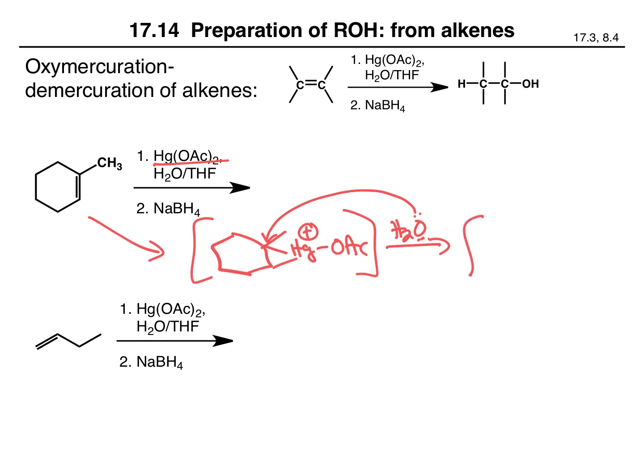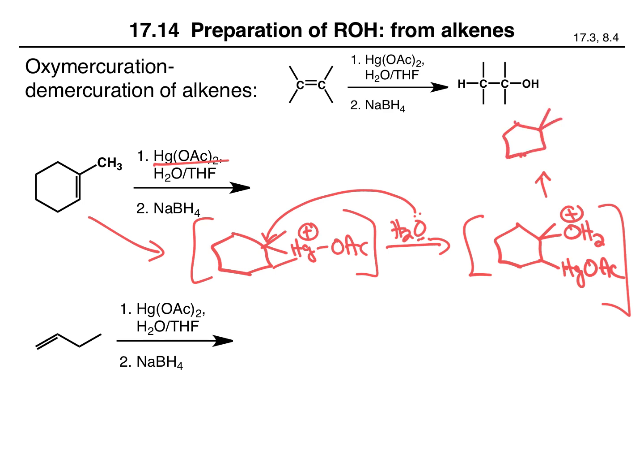So this is still an intermediate. Here is our methyl group and our OH2 plus, and now our mercury acetate species is connected to the other alkene carbon. This will do an acid-base reaction to get the OH and the mercury acetate.